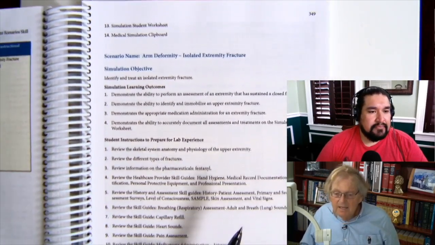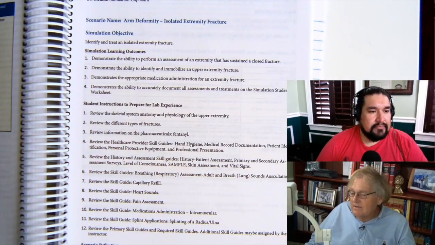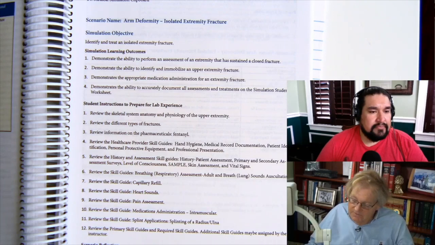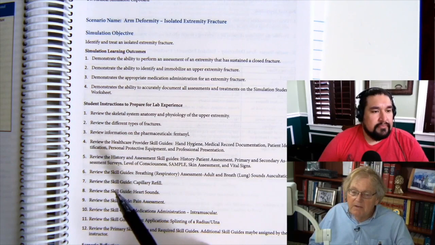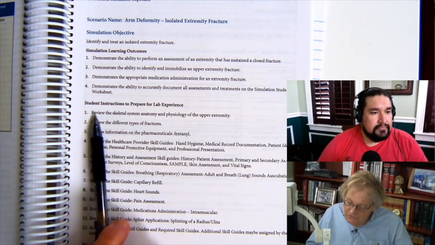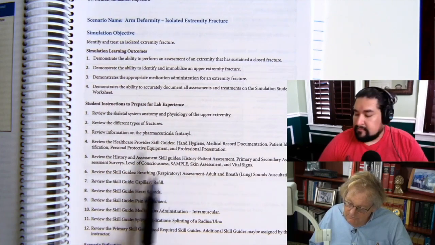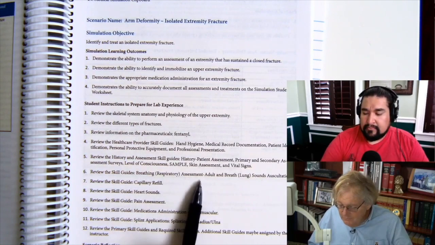And again, I always tell students, remember how I started this out, you'll get out of this course what you put into it. So, for example, if you really are serious about going into healthcare, you're going to see it says, things that you want to review. So, for example, it says, review the skill guide for breathing, respiratory assessment.